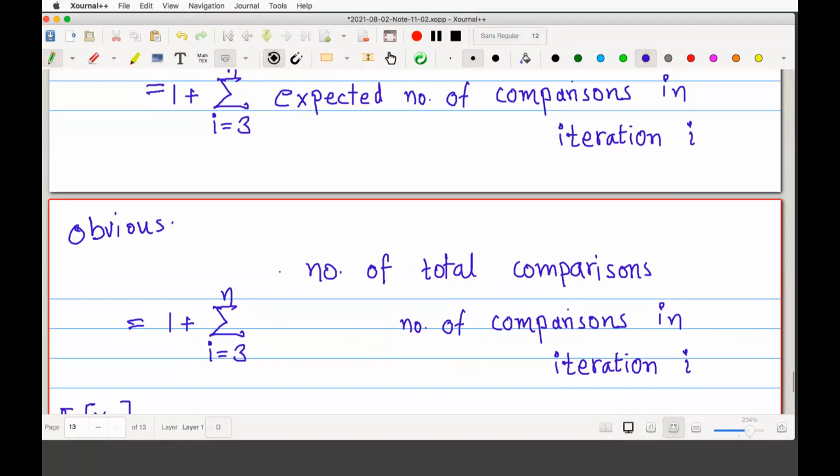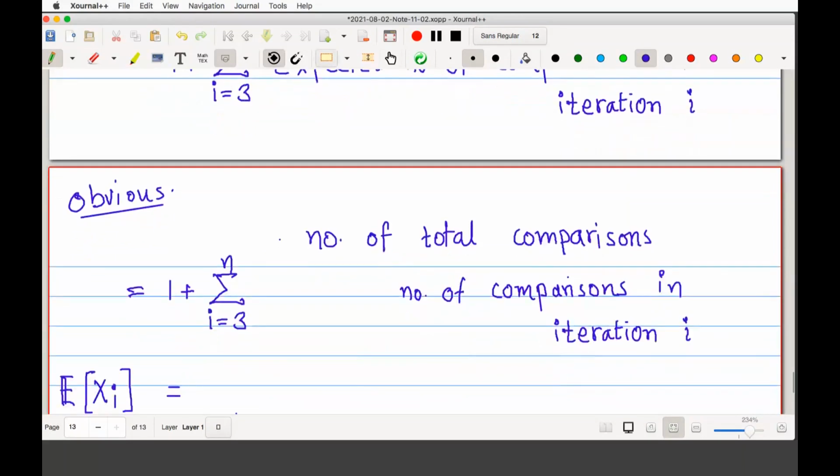And by linearity of expectation, you could say that, okay, let me write what is linearity of expectation.